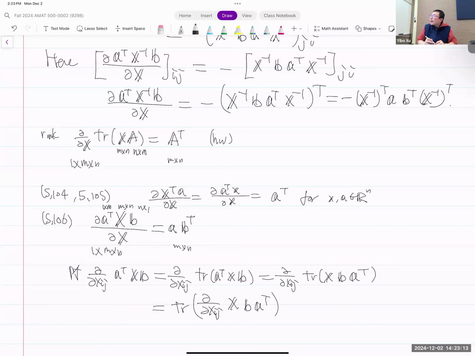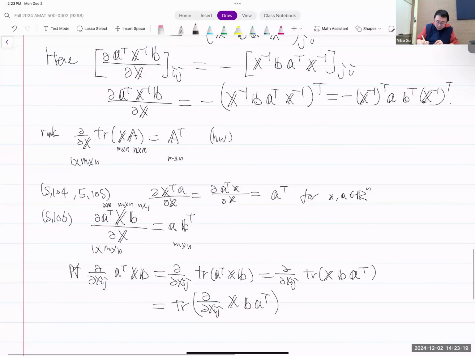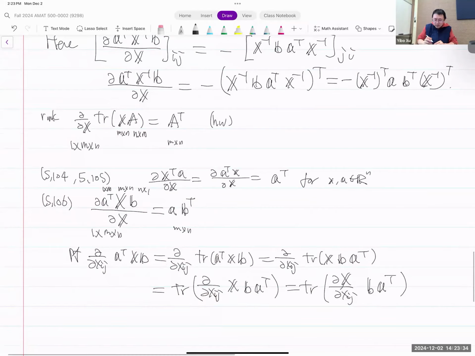And now I have a product, X times a constant matrix. So as you have seen before, if you apply the product rule, you will just get the partial of the first multiplied by the second. So this is the trace of the partial of X with respect to Xij, the ith row jth column element, times B A transpose. Okay. Let me put the bracket right here because this is a product that you need to do first.